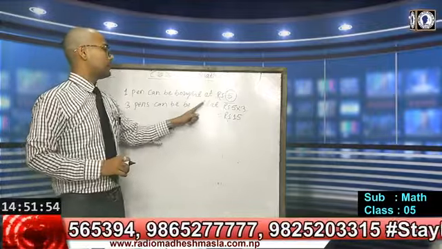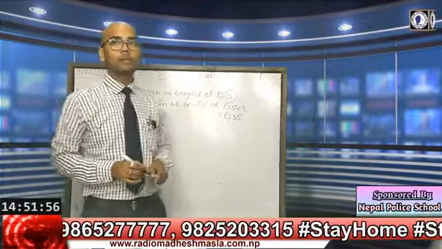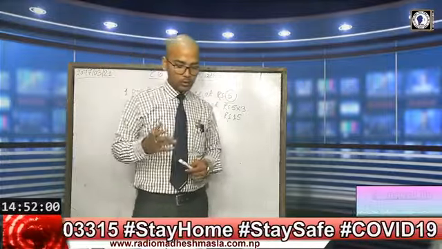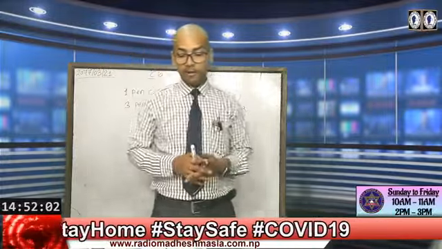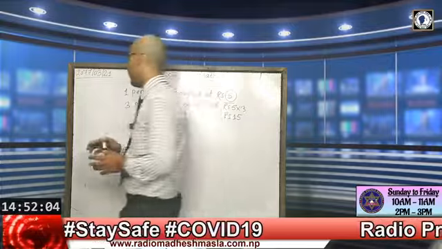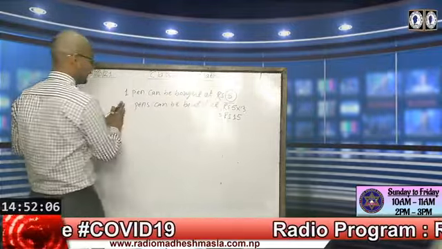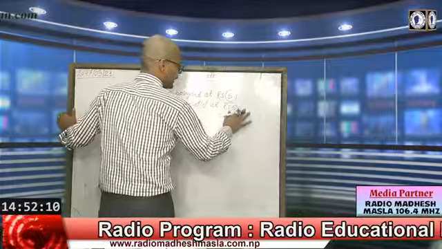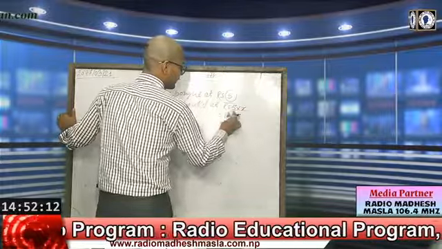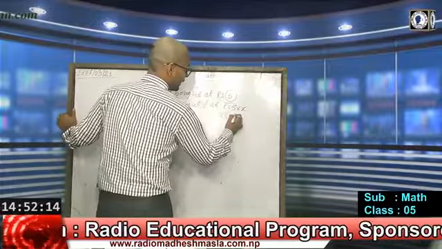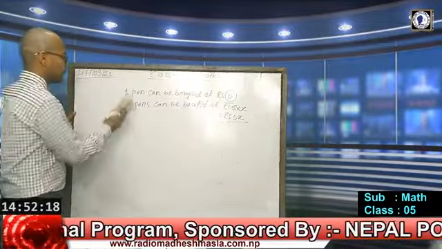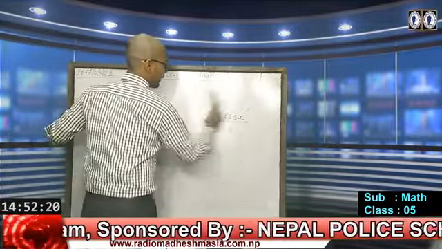Suppose the total number of pens is X. Then we follow the same process, 5 into X. It means we will get 5X. So according to these facts we can find the answer for a question like this.